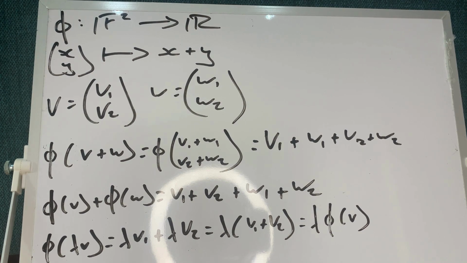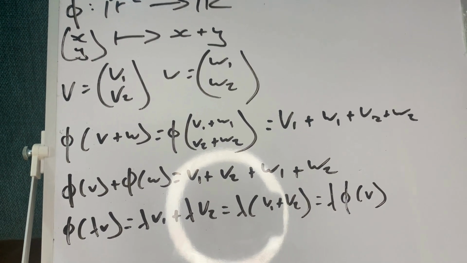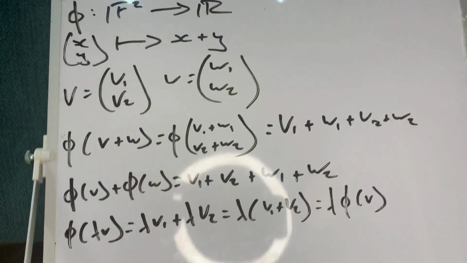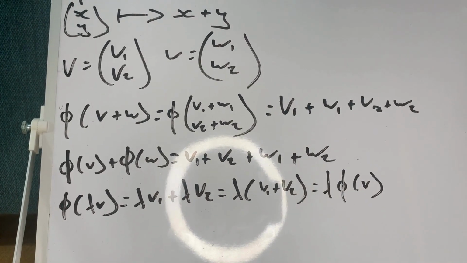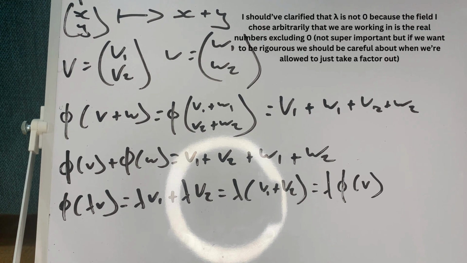Let's see if it works for scalars. So phi of lambda v, sorry, it's wonky, I apologize. So phi of lambda v is going to equal, so we apply first lambda to v, we're going to get lambda v1 on top and lambda v2 on the bottom. And then we apply phi to that, we're going to get lambda v1 plus lambda v2. Okay, and then by the distributive property, we can factor the lambda out.